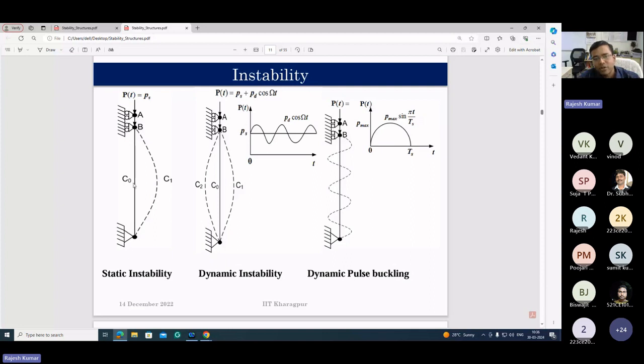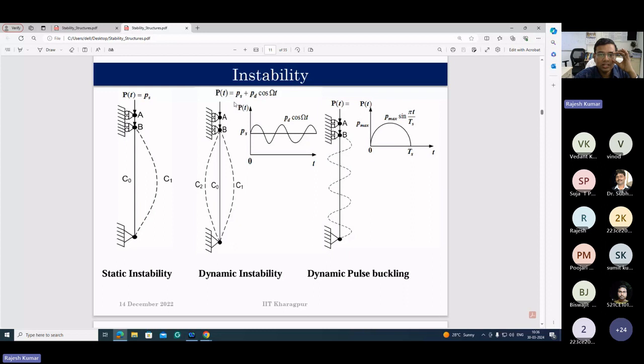This member is going to deform from C0 to C1 when loading comes from A to B. And this deformation totally depends on the amount of loading application, means it depends on PS.